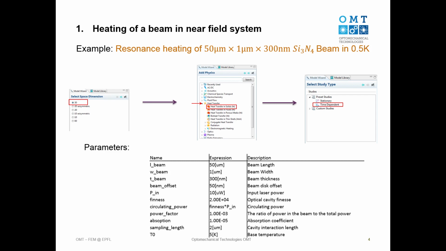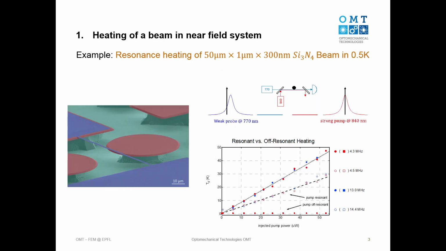This parameter is called the sampling length. It can be calculated via different simulations, but you need to believe me at this point that this interaction length of the beam with the cavity is realistically, depending on the configuration, between 1-2 micron and, in the best cases, 5-7 micron.